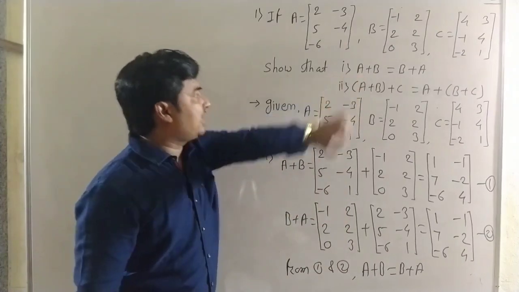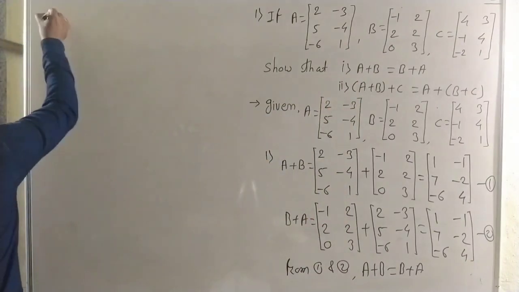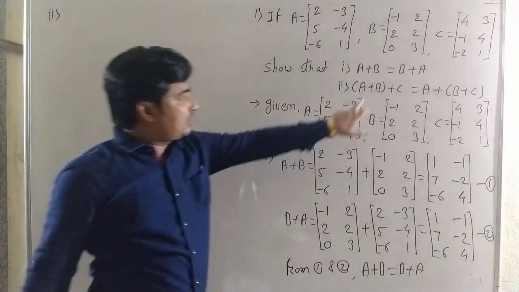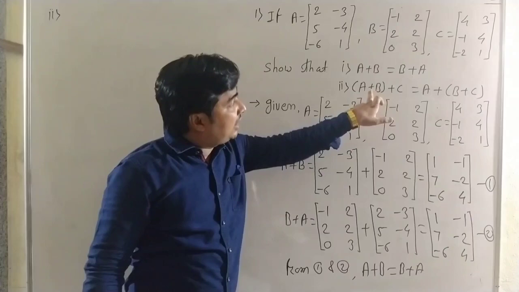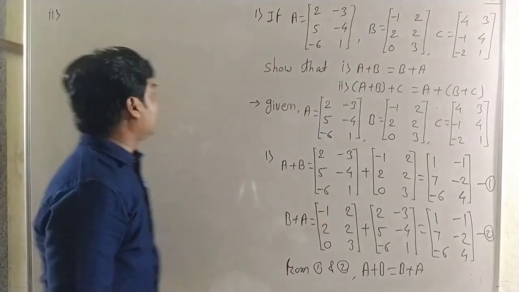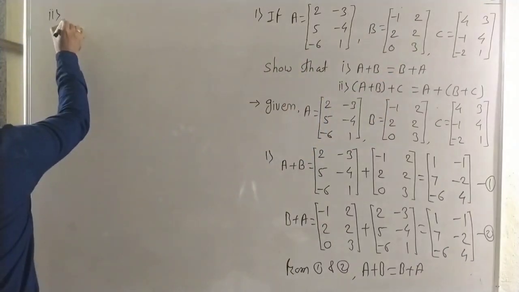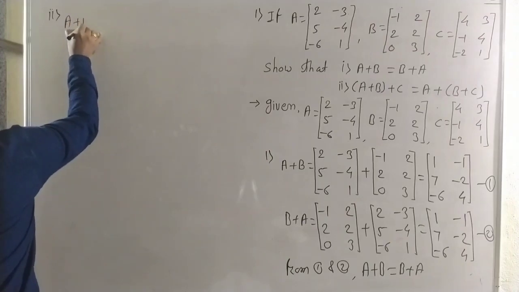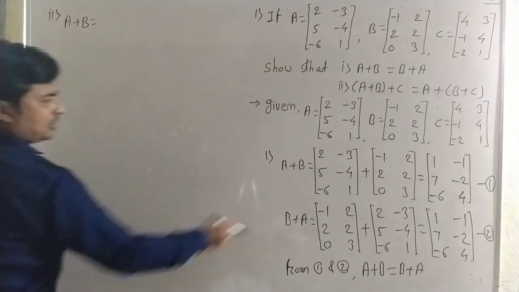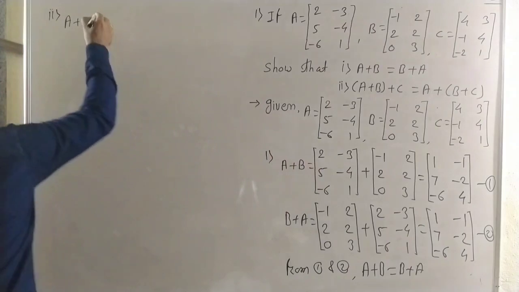Now we prove the second. See carefully. For the LHS, first find A plus B and then A plus B plus C. A plus B we have already found, but here we repeat.